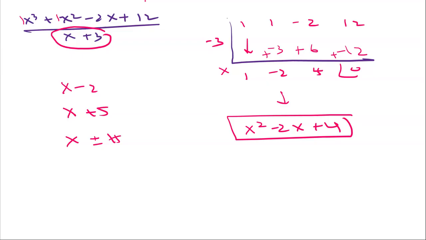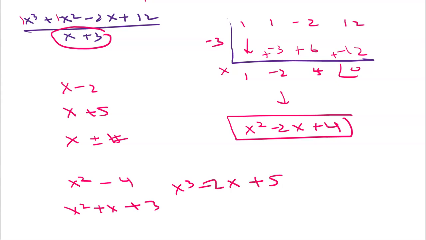However, it will not work with something like x squared, or x squared minus 4, or x squared plus x plus 3, or x cubed minus 2x plus 5. So if the power here is bigger than 1, you cannot use synthetic division. It only works when the power is 1. Remember that.